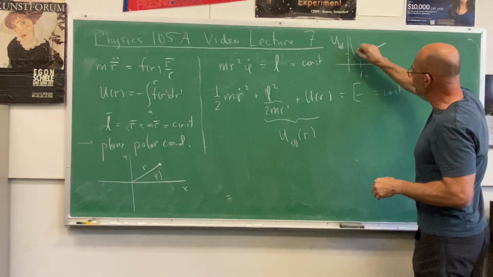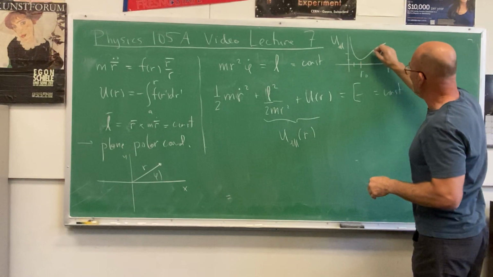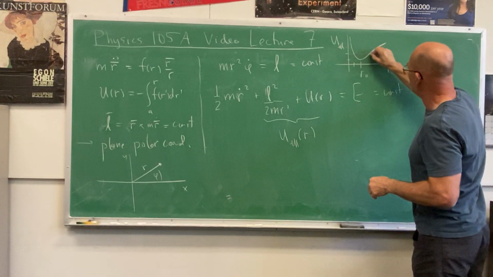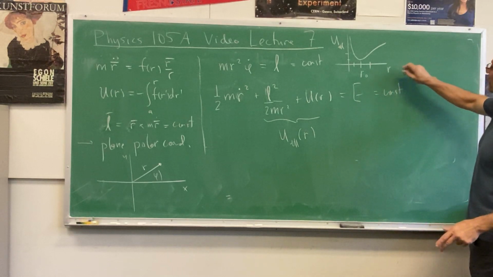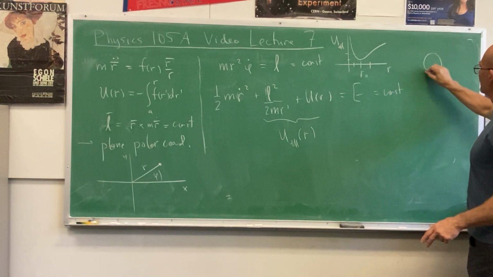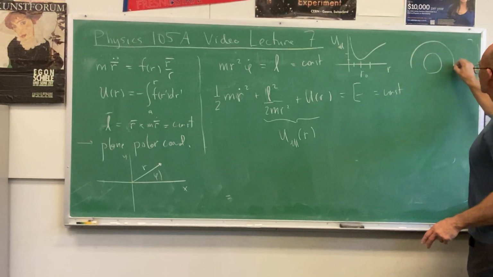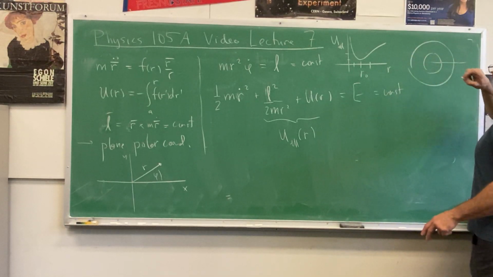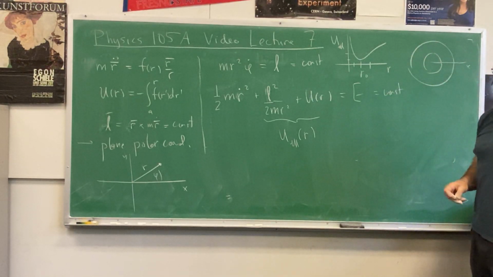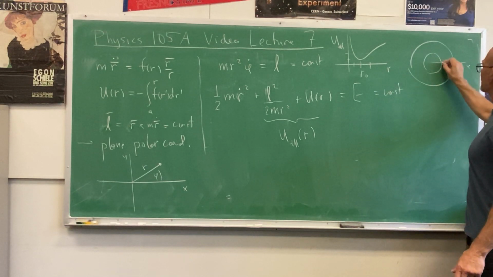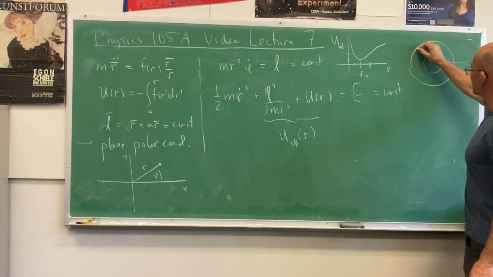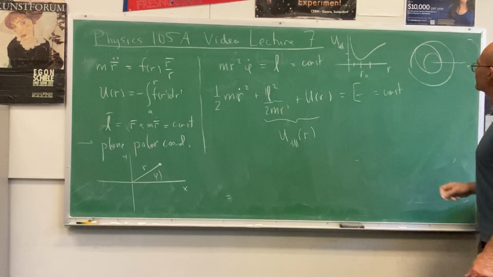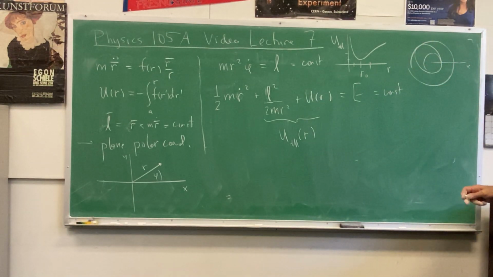If you're at a higher energy, you have minimal and maximal values of the r, which means your orbit's no longer circular, but it takes place between two circles. So I have drawn something like this, r min, r max.